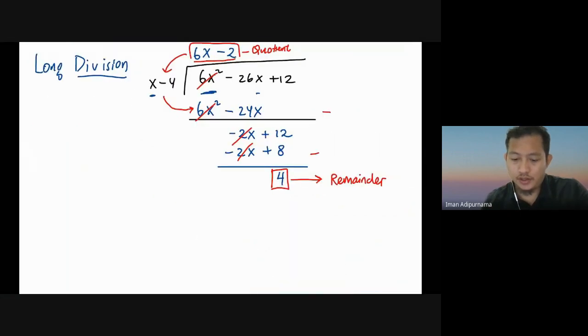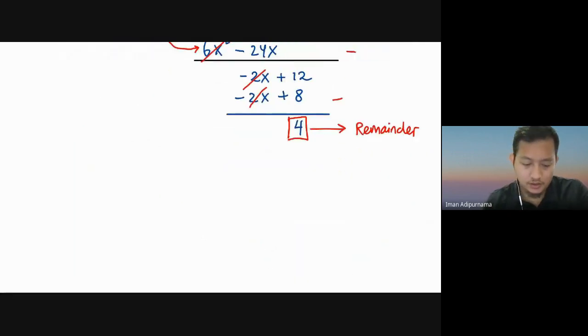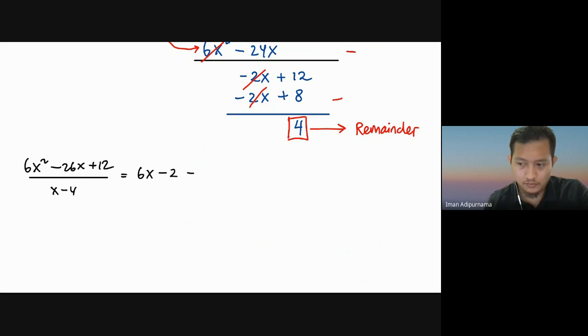So we can write the whole thing here: this is the quotient, and this is the remainder.